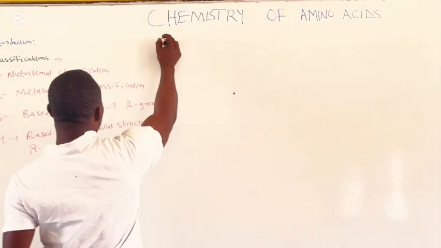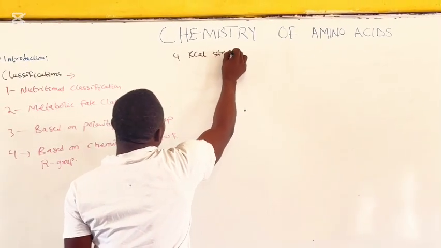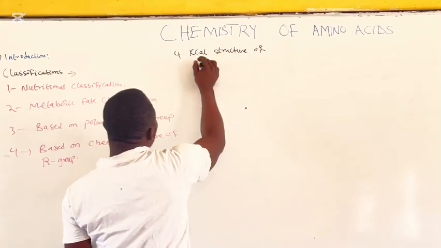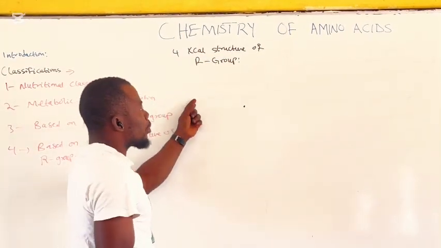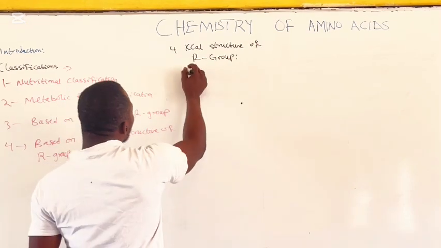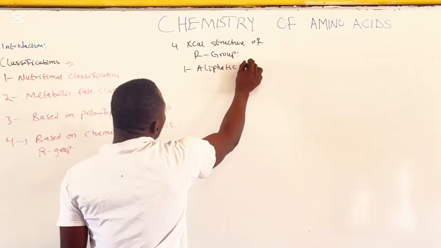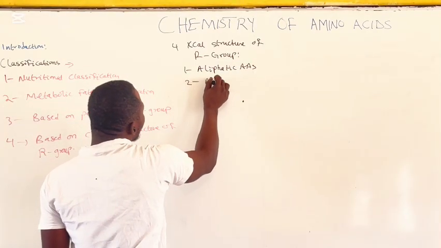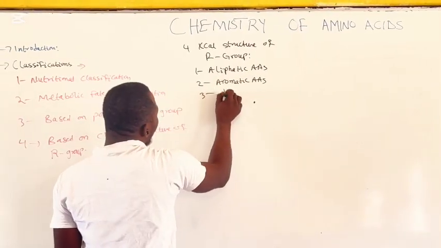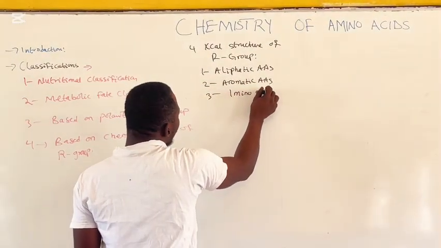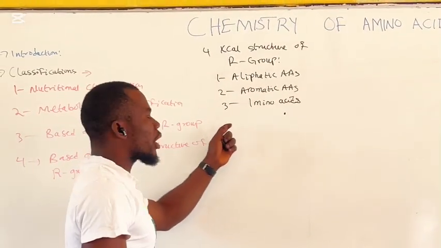So the next classification is based on the chemical structure of the R group. Based on the chemical structure of the R group, amino acids are classified into: 1.